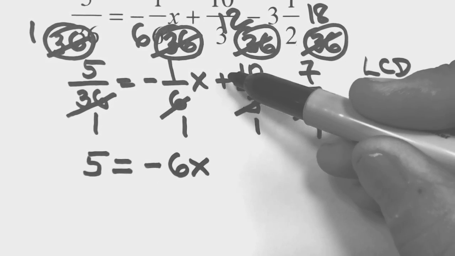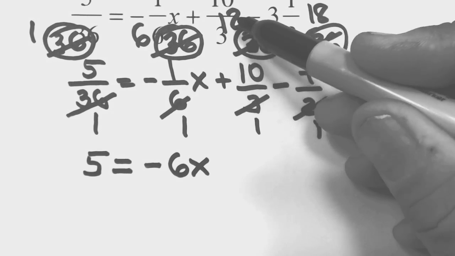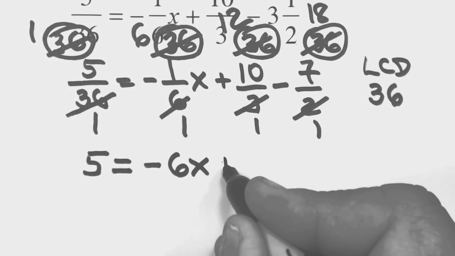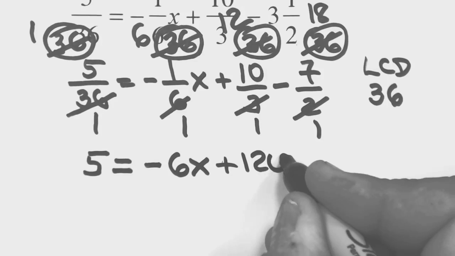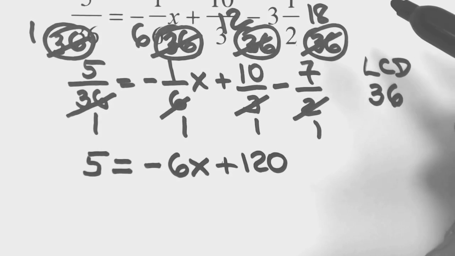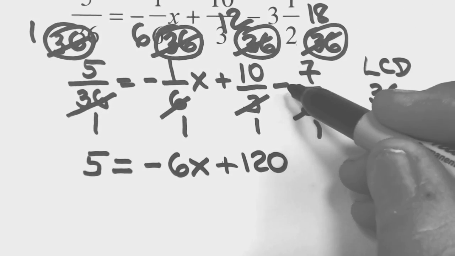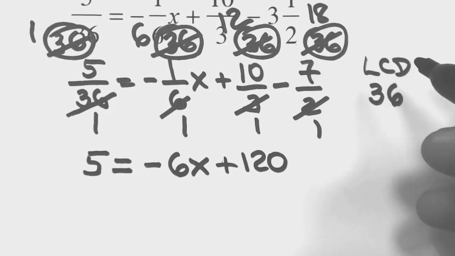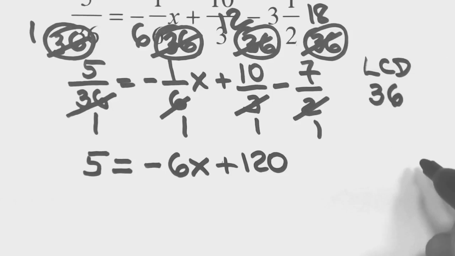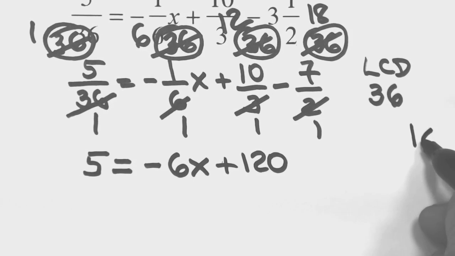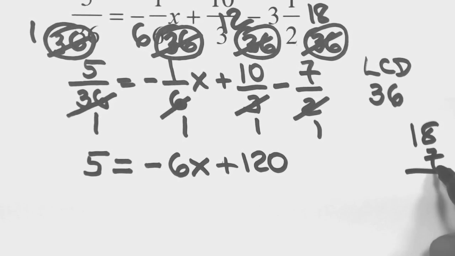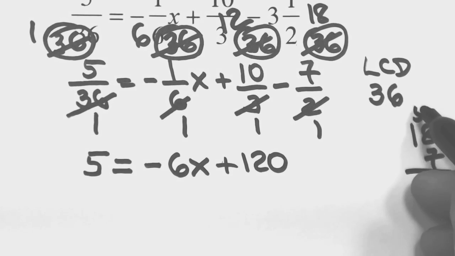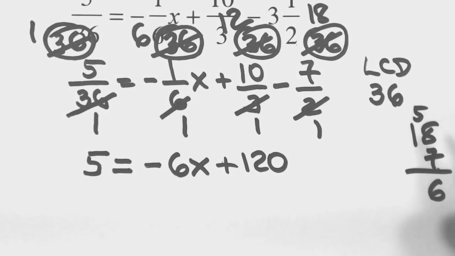The next guy, plus 10 times 12. Well, 10 times 12 is 120. No x in that guy. And then negative 7 times 18. Well, what's 18 times 7? Let me work on it off on the side here. 18 times 7. 7 times 8 is 56. 7 and 5 is 12.